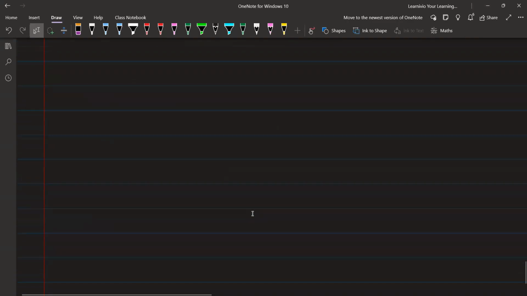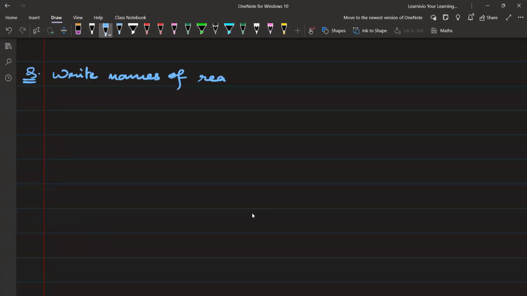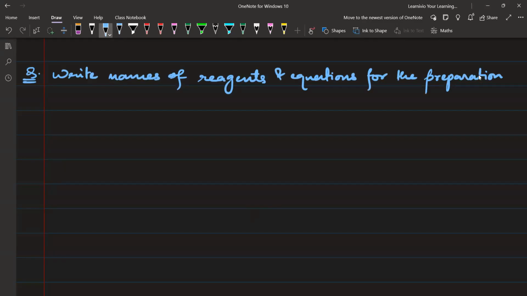Now let us see some problems. They're asking, write names of reagents and equations for the preparation of following ethers via Williamson ether synthesis.